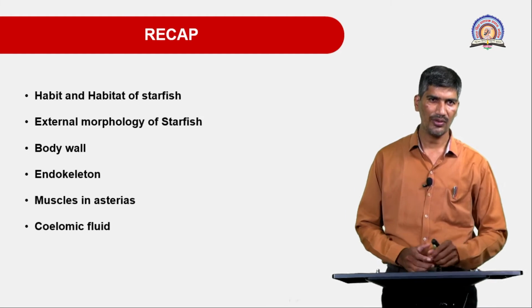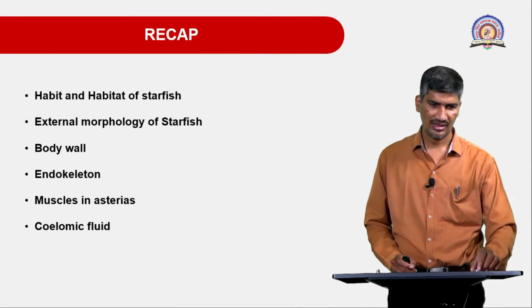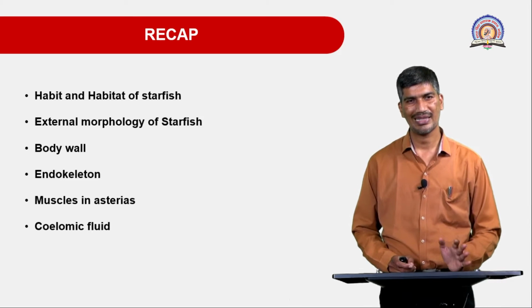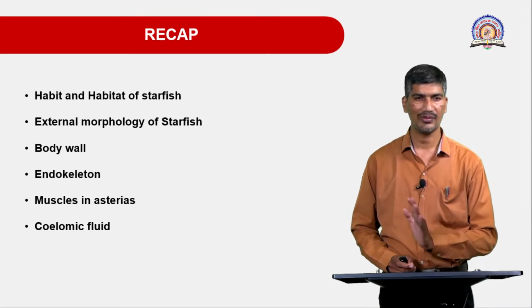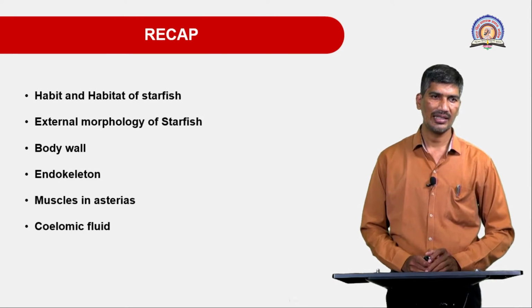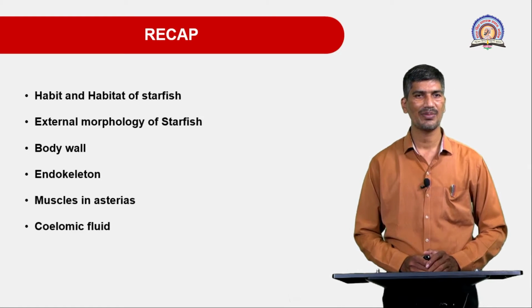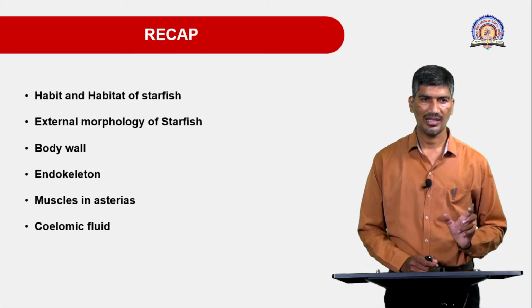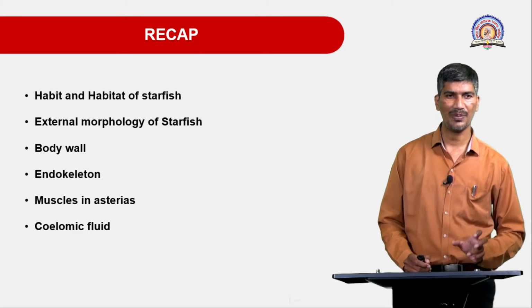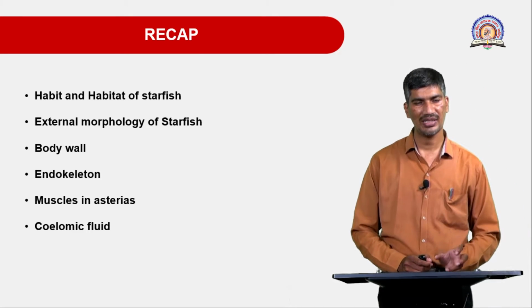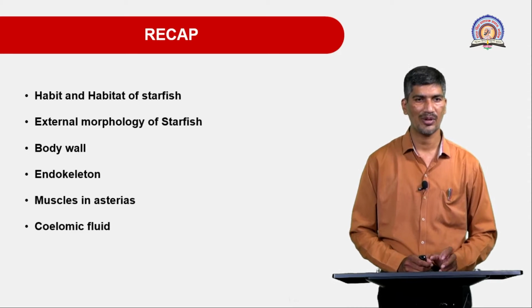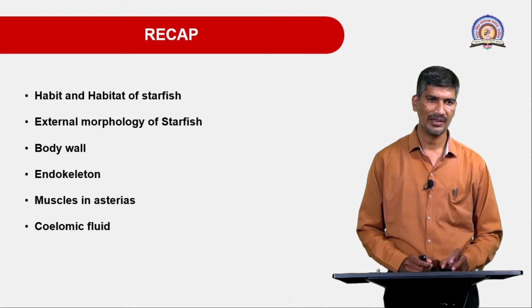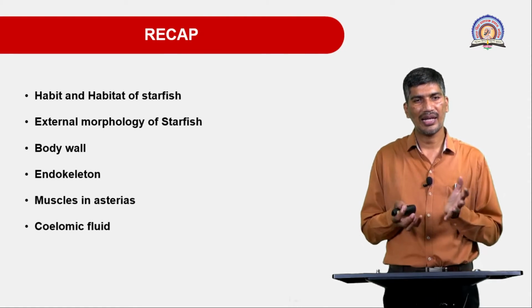Okay, now let us quickly go through the previous lecture, and then we start today's session. In the last session we discussed our study type, the starfish: in which area it is found, what its habitat is, and how it looks in morphology.